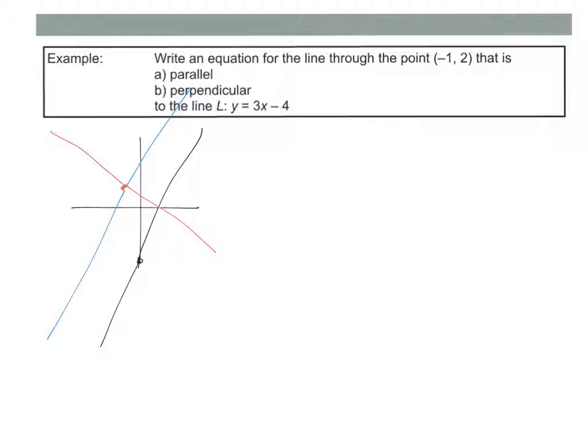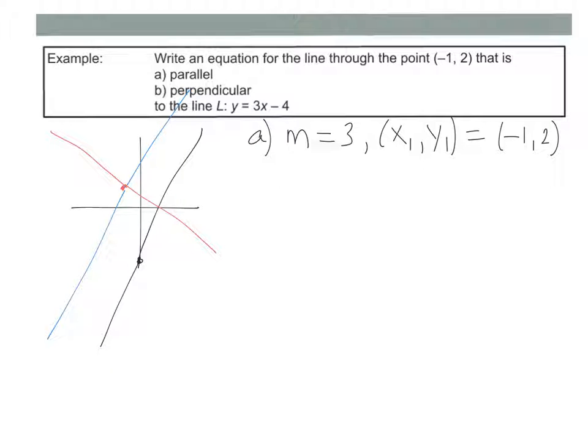So if we're doing this, we just go A, parallel. What will my slope be if I'm looking at a parallel line? The same. So what will it be in this case? 3. So my slope is 3. And I know it goes through negative 1, 2, so x1, y1 is negative 1, 2.